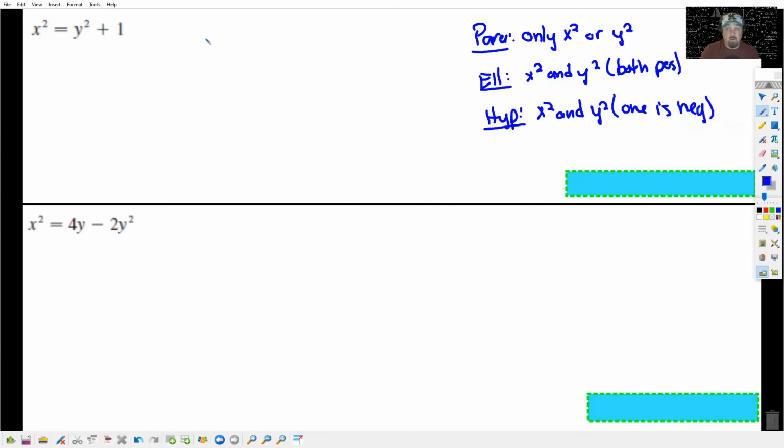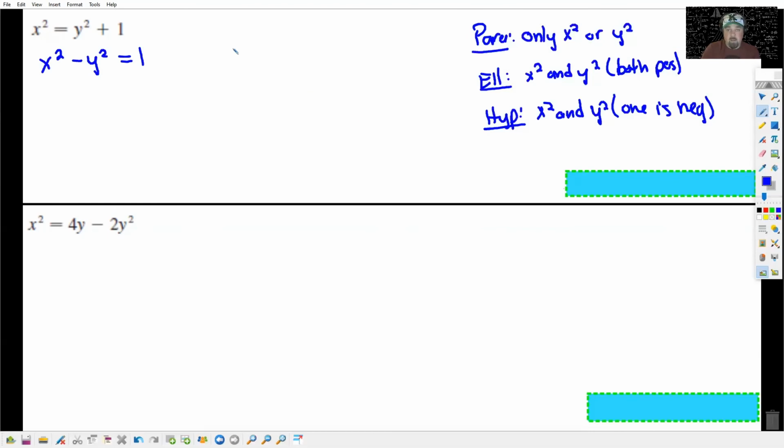So when we look at this first setup, we have x squared equals y squared plus 1. We know that can't be a parabola, because it has an x squared and a y squared. So now we need to look, well, it has both of these. How do we figure out if both of them are positive or just one of them is negative? Well, before we can make this determination, we need to take these things and put them on the same side. x squared minus y squared equals 1.